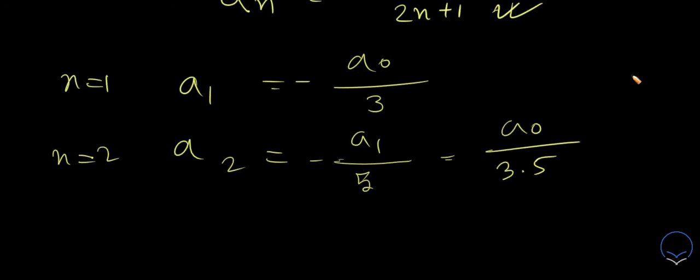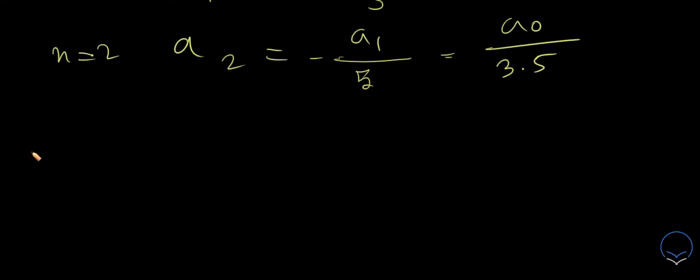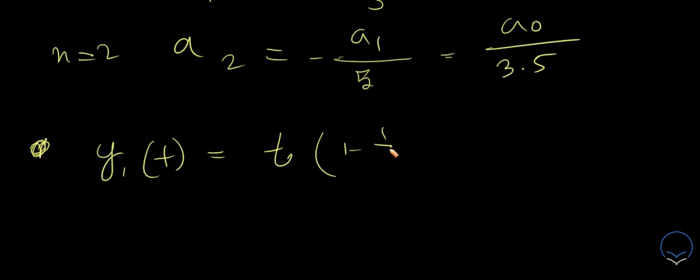So you can evaluate terms like this, and since we are considering r1, our solution, if it is denoted one of the solutions, because there are two roots and there will be two solutions, because there are two recursion relations for that, let's call this y1, and this y1 will look something like t times 1 minus 1 by 3t plus 1 by 15t squared minus 1 by 105.